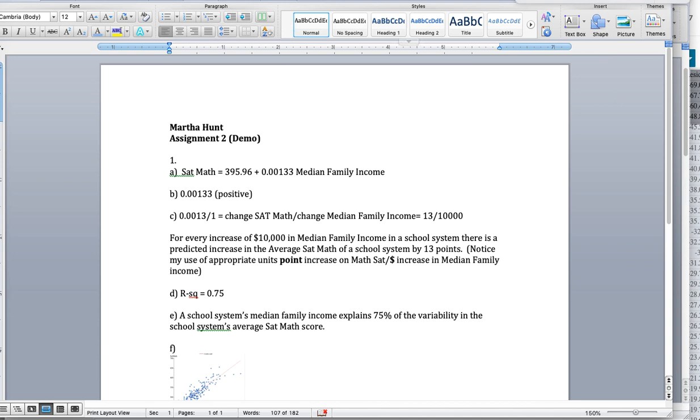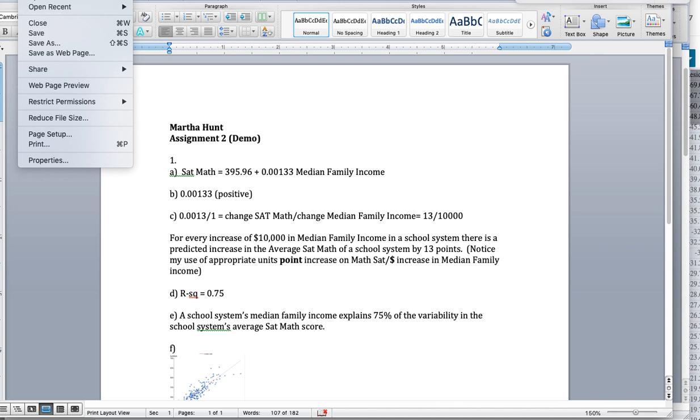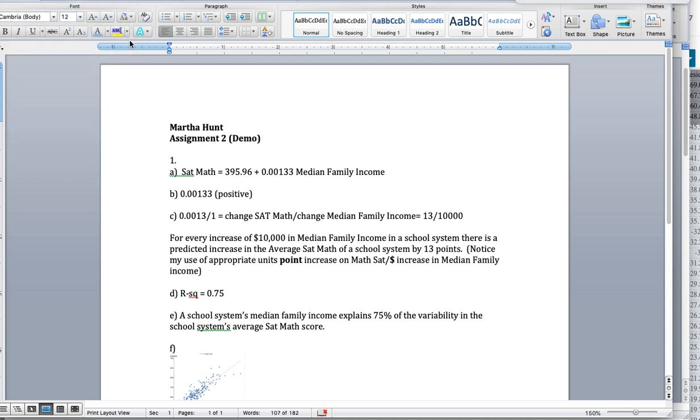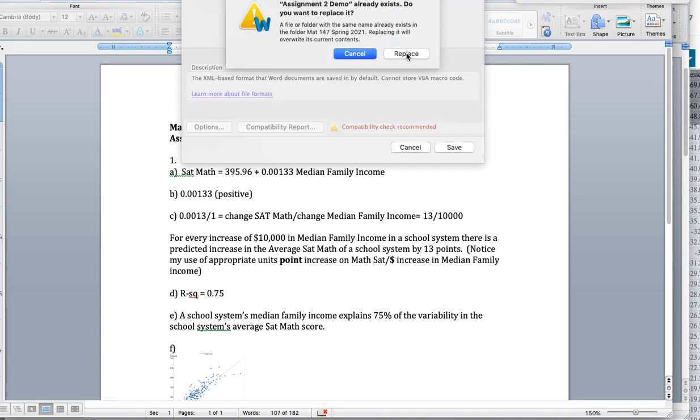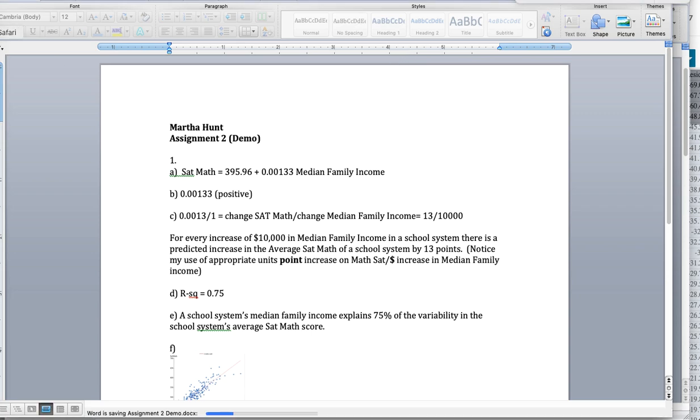What of course you have to do when it's all over is you have to take this and you have to save it. You have to save it as a Microsoft Word document somewhere on your computer, on your desktop perhaps. I've already saved it, so I'm going to replace it.